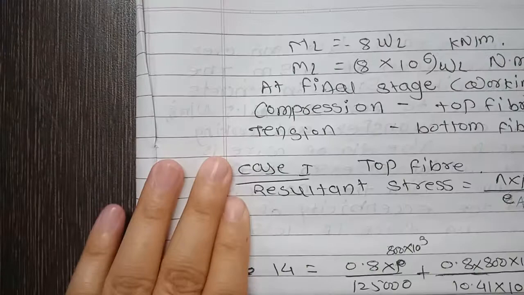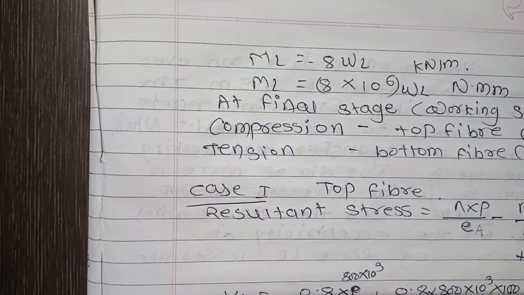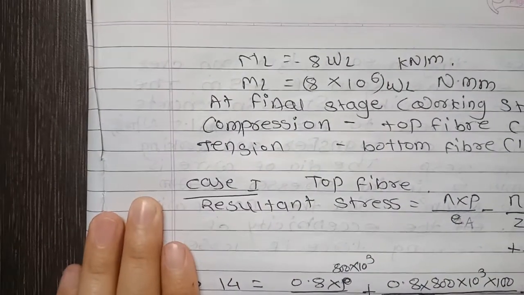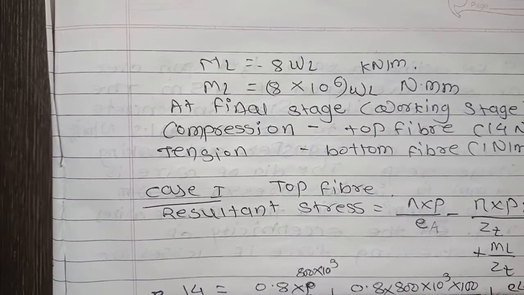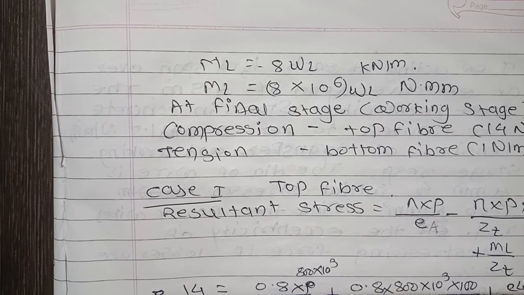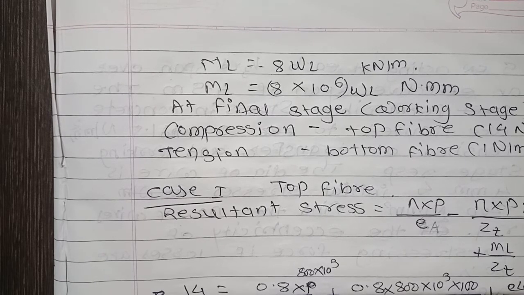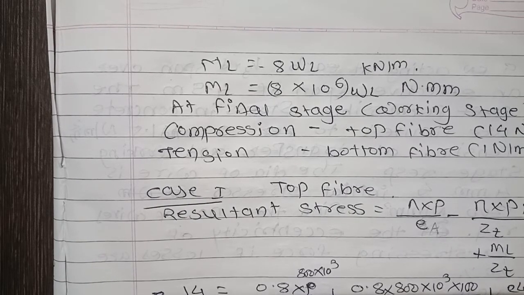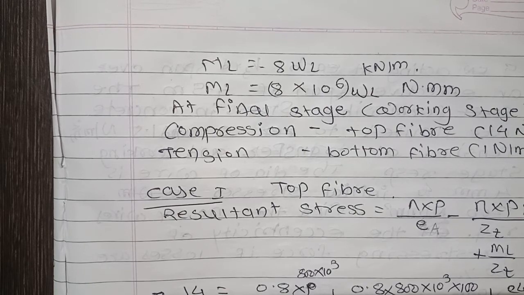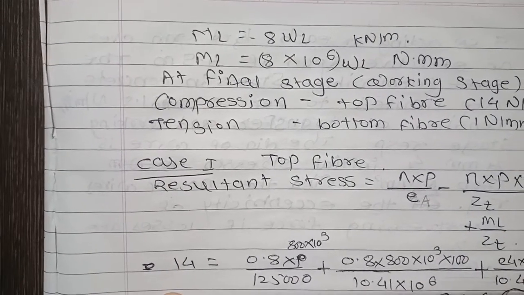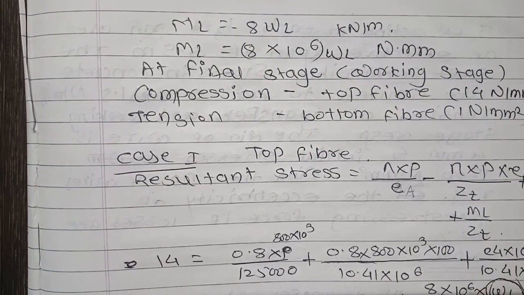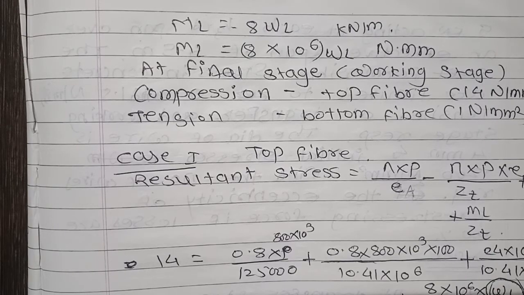Calculate the bending moment due to live load in terms of WL. That's why ML equals 8 into WL kilonewton meter. Convert it into Newton mm. That's why ML equals 8 into 10 raised to the power of 6 WL in Newton mm.